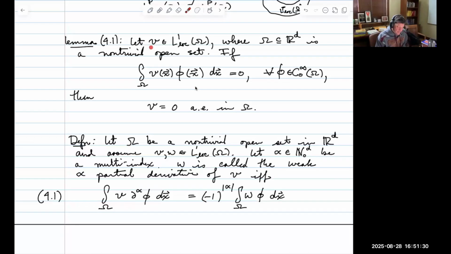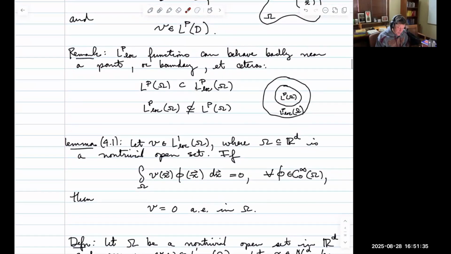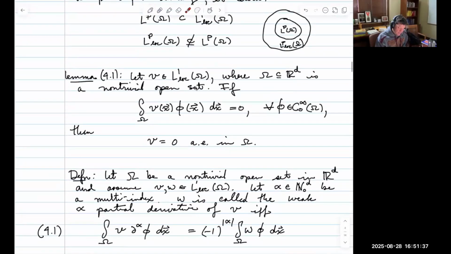And it says, if v is an L^1 loc function, so that's this definition up above where I'm using p equals 1, and omega is a non-trivial open set of R^D, if I find that when I integrate over omega v against this so-called test function phi, I always get 0 for all phi in C_0^infinity, so these are the test functions that I'm particularly interested in.